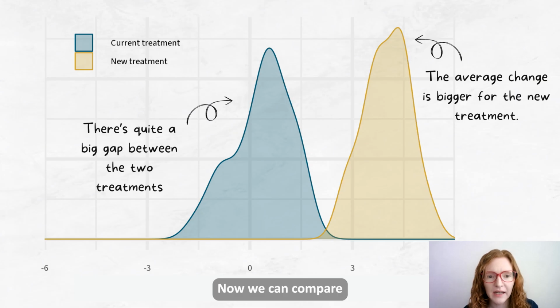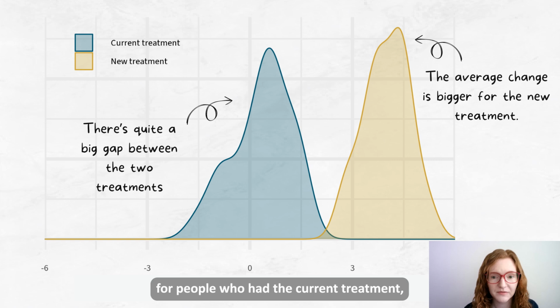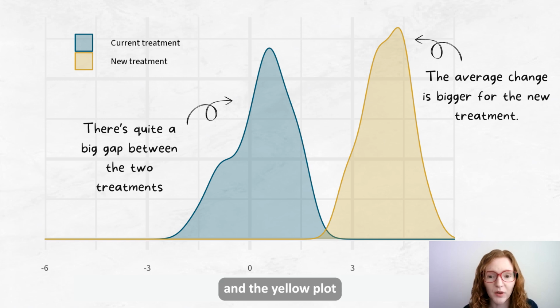Now, we can compare the density plots for each type of treatment. So here, the blue plot shows the change in blood pressure for people who had the current treatment, and the yellow plot shows the people who had our new treatment.